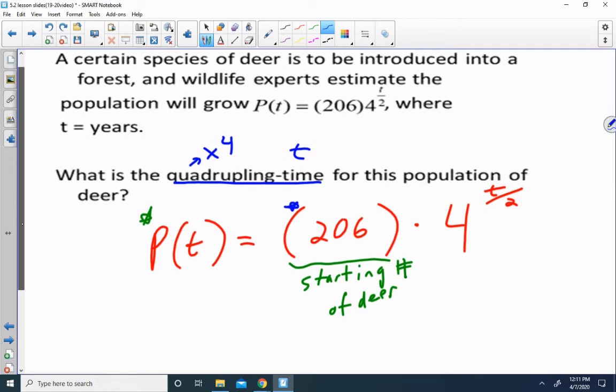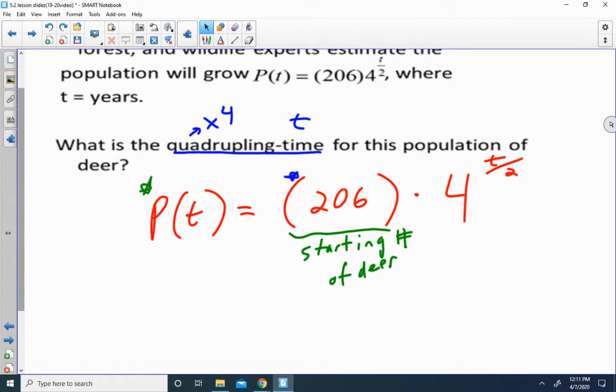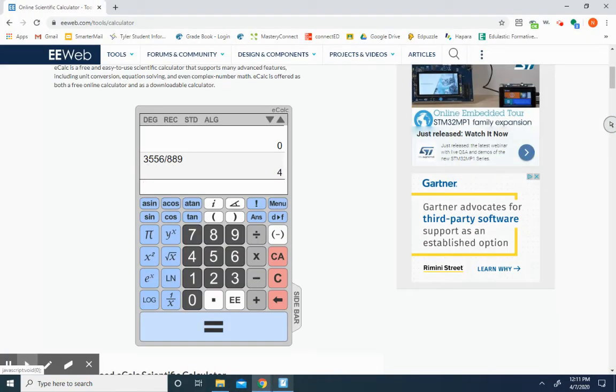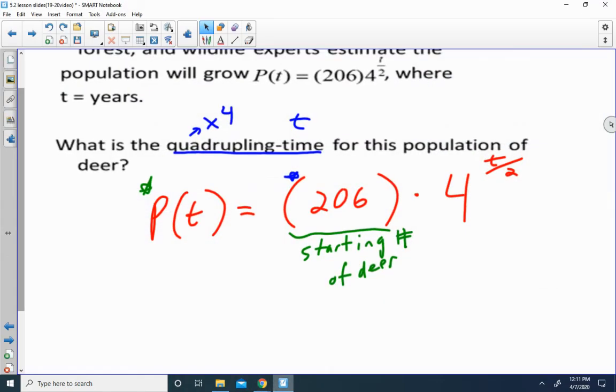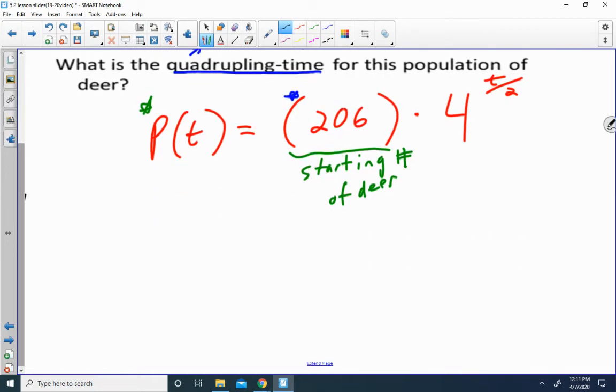So let's go ahead and find out what 4 times our starting population is. So clear, 206. We're going to quadruple that, times it by 4. It's going to be 824. So in other words, we want the new population to be quadruple the starting, which is 824.